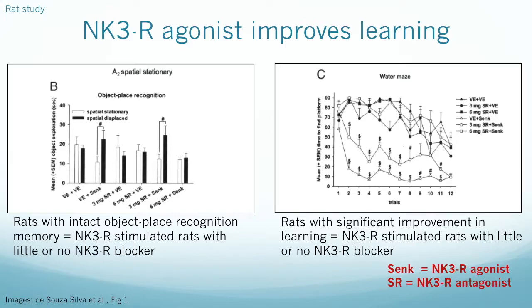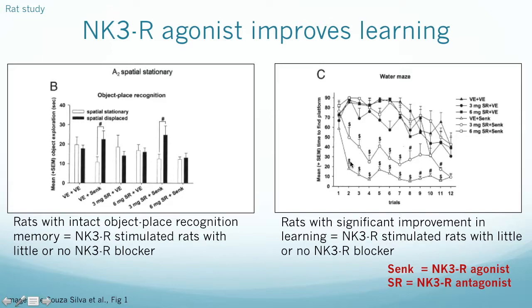They start finding the platform much quicker each trial. Again, these memory enhancements are eliminated when you also give the rats a neurokinin 3 receptor antagonist. So if we are now looking at these white squares, you now see a lack of that memory enhancement that we saw prior.